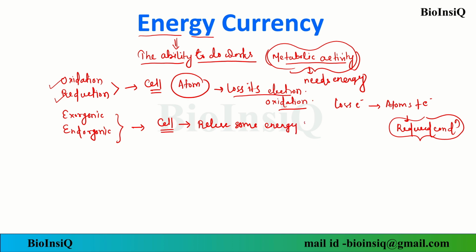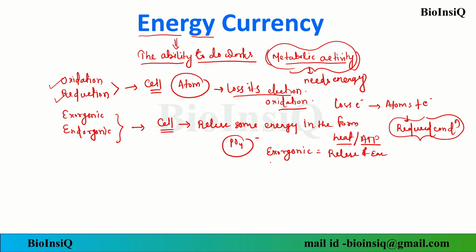In the form of heat or ATP, right? So when a cell releases energy, like the phosphate group released or broken down from a reaction, to perform certain activity, it is known as an exergonic reaction. Just simply remember this term exergonic: release of energy, right?